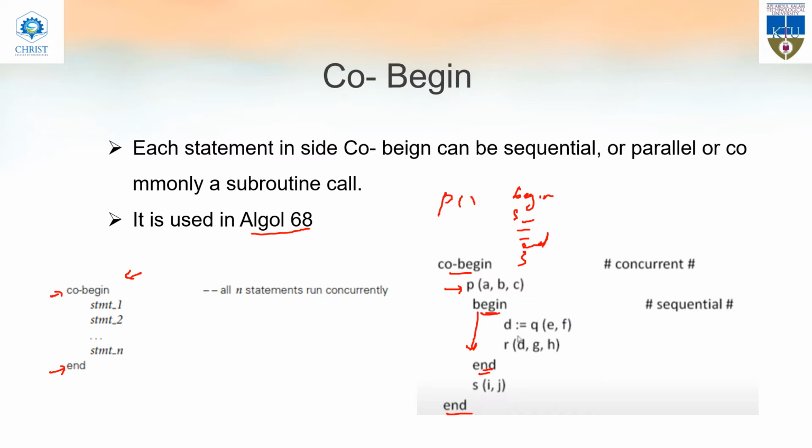And there is another function called S. Since it is inside co-begin, S also will be executed parallel or concurrently.